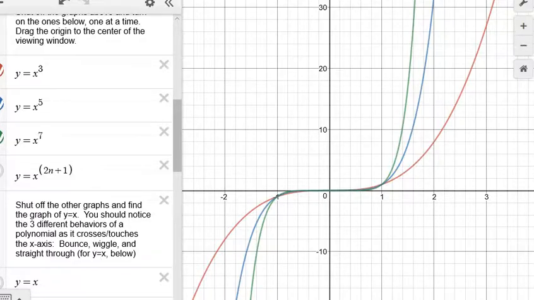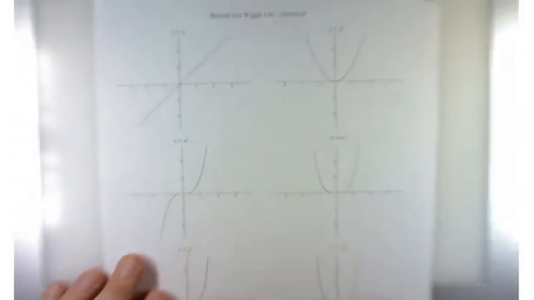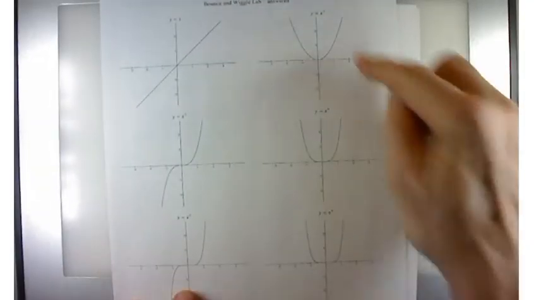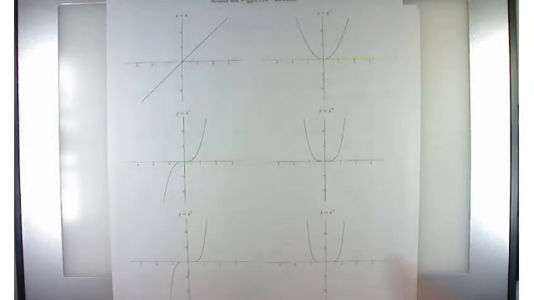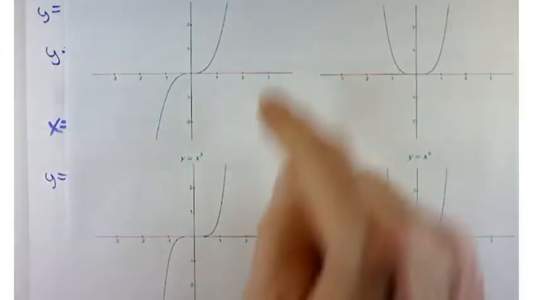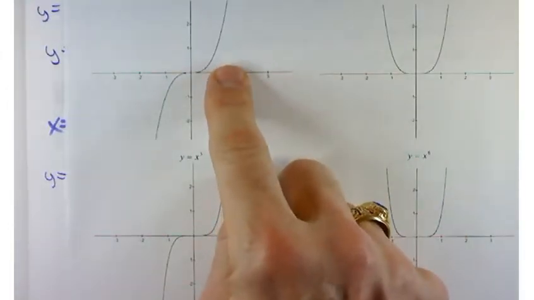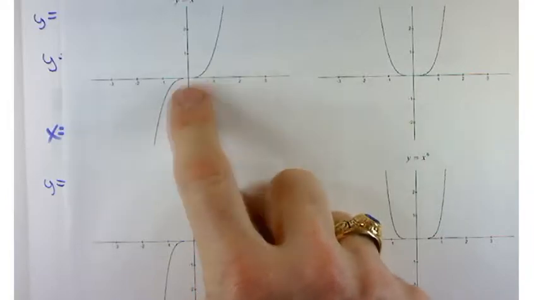A summary of these things, if you were to look at them all together, would look like this. So for your even graphs, you're going to have this parabolic kind of shape, and it's going to be symmetric. For your odd graphs, or graphs with an odd exponent greater than 1, then you have a shape like this.